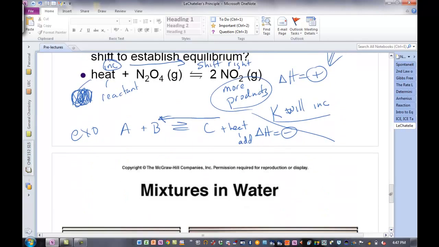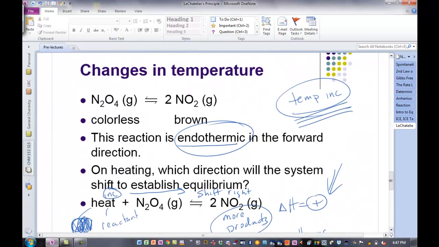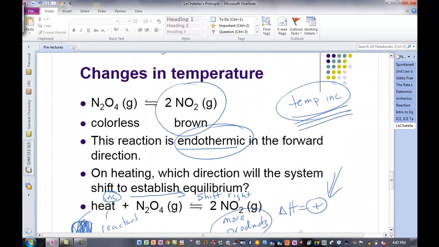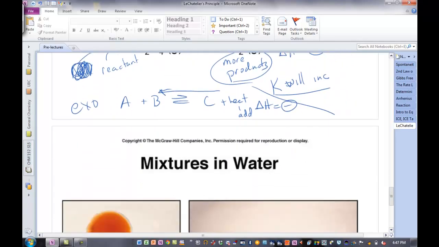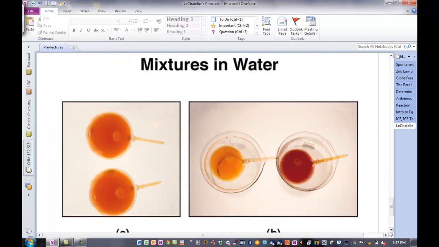Now, I just wanted to show you a cool picture. This is that reaction above. This is a nice reaction to follow because our product is brown. And this is, say, room temperature. And this is hot water. Let's just focus on increasing the temperature for now.